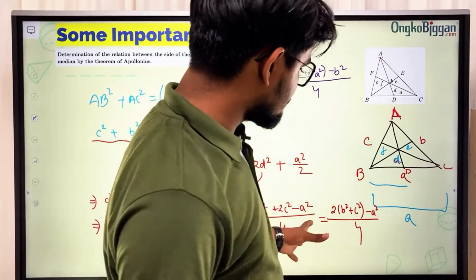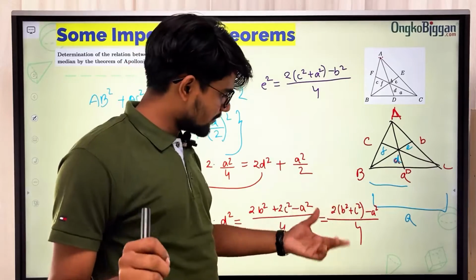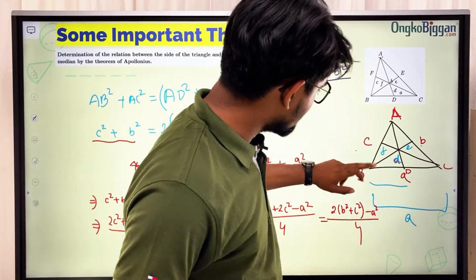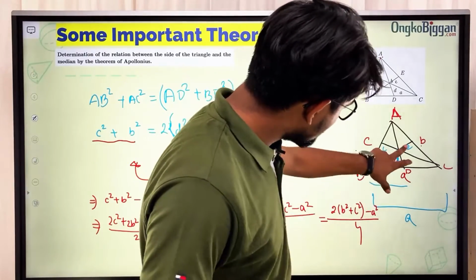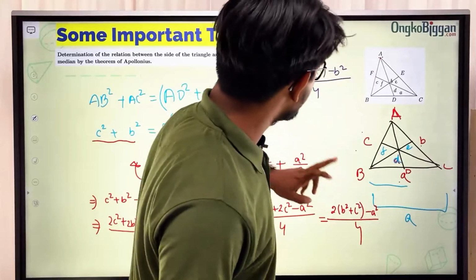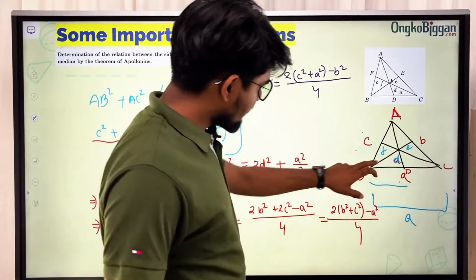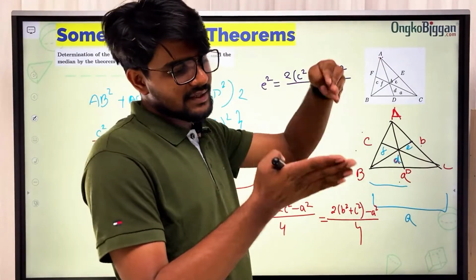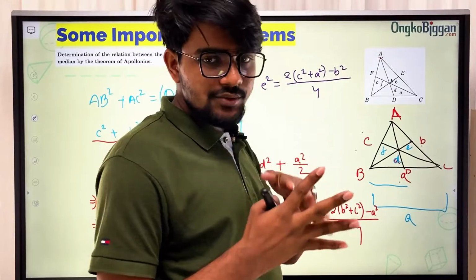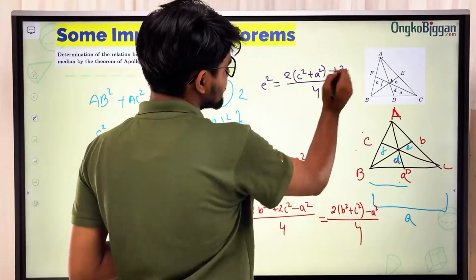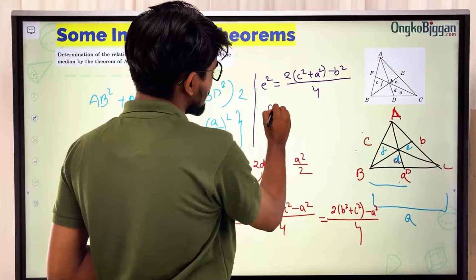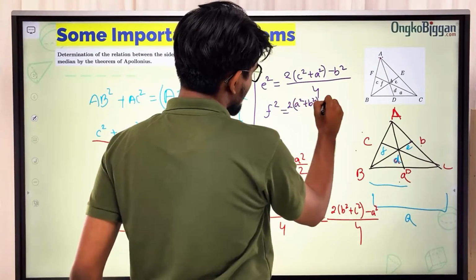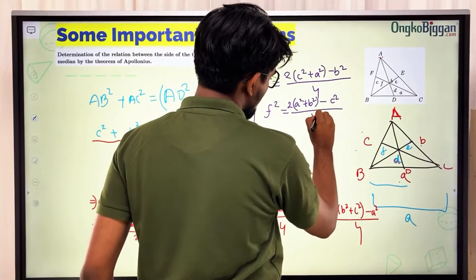Let us try to find a common theme here. b is on this side, c is on this side. But in the case of e, e is here, we get a and c, and b is the side housing the median, that is the side which we are using the median to split into half. And f square will be 2 into (a square plus b square) minus c square divided by 4.